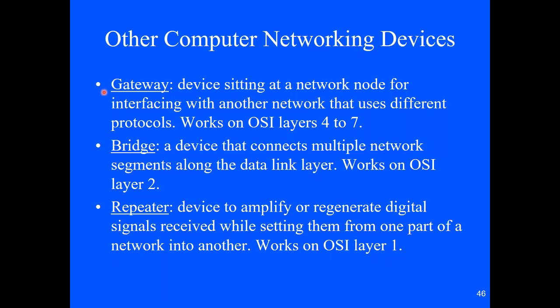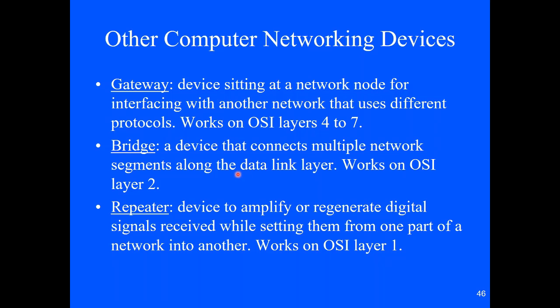So what we'll do is we'll have a gateway that can actually convert Modbus to BACnet. So that's what we call a gateway. And in the device itself, you just set up A phase current in Modbus is this register, A phase current in DeviceNet is this. A bridge is designed to connect multiple networks together.